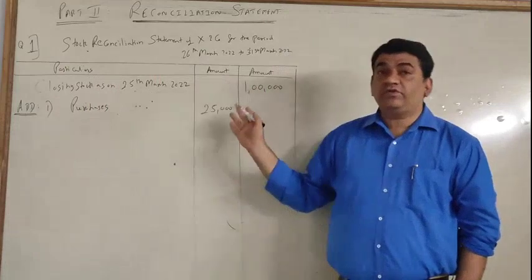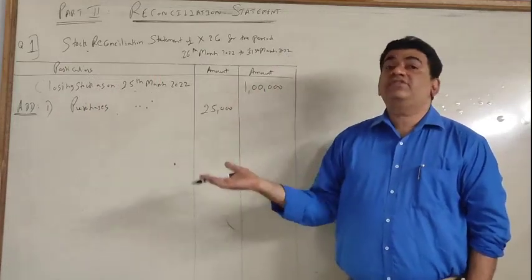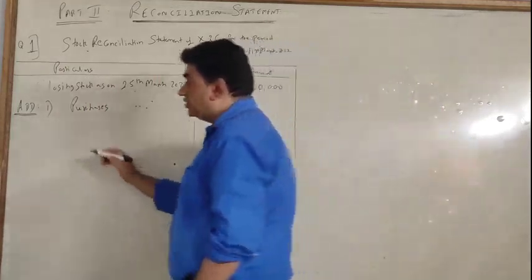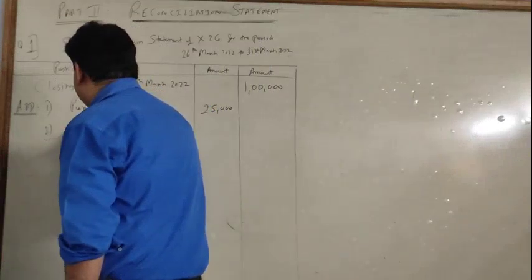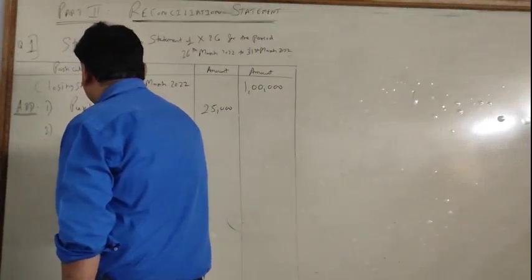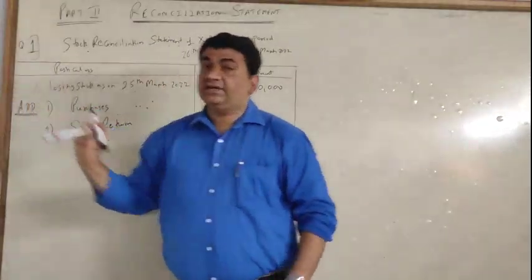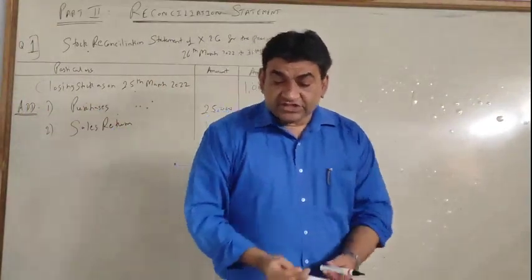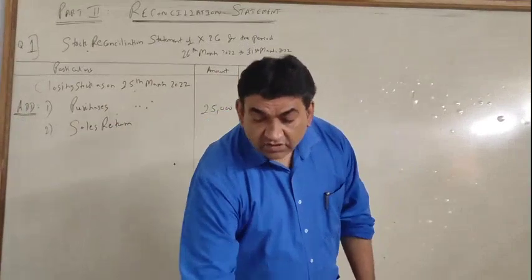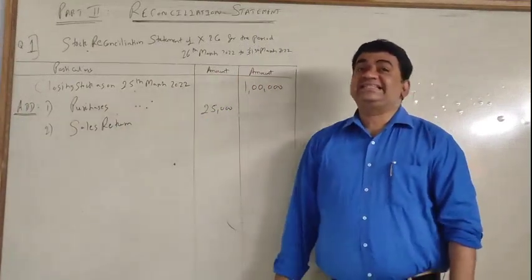So because it is before date, it is coming back, it will be added to my stock. So right here, second, sales return. Now listen, you will write sales return, but what I told you, this figure of sales return of 10,000 is at selling price.